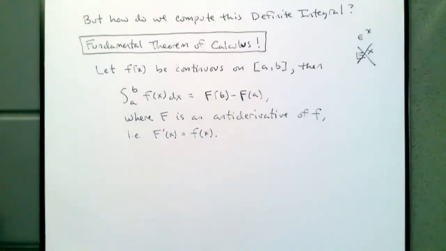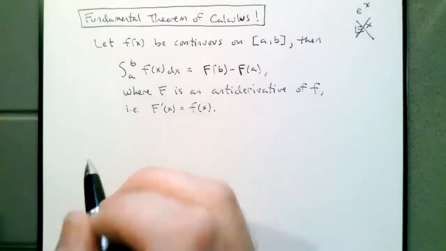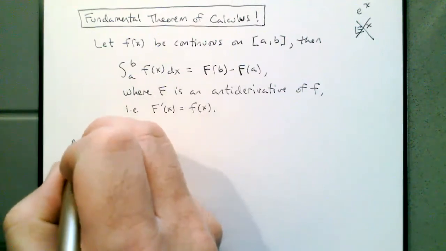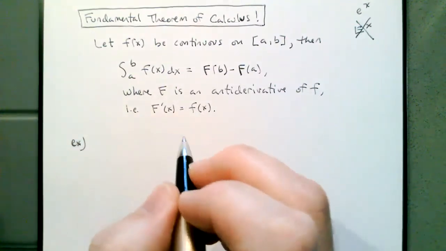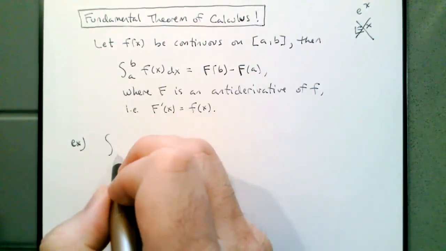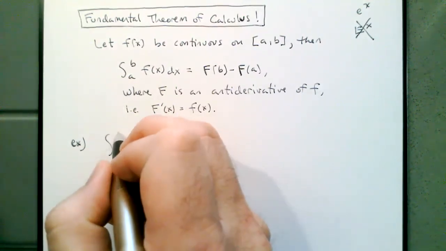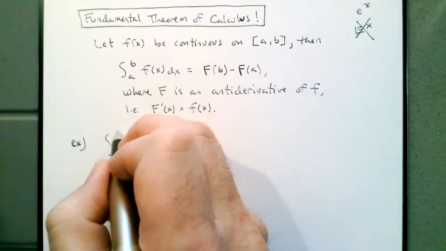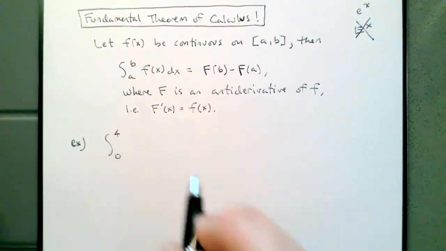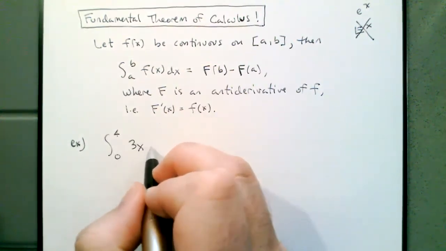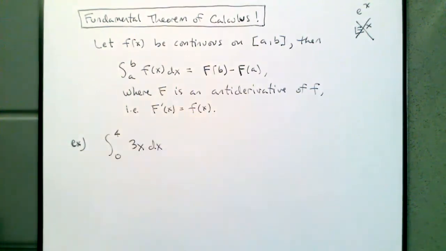So, as an example, let's suppose that we want to find the definite integral from 0 to 4 of 3x dx.